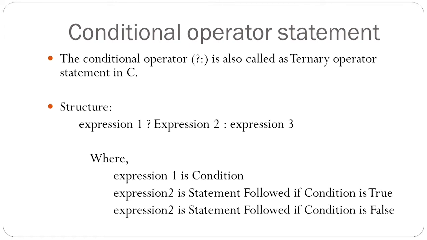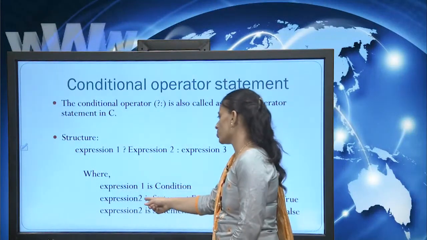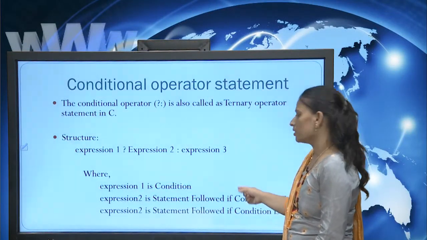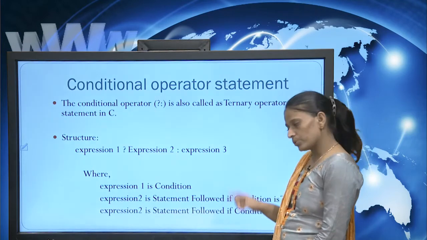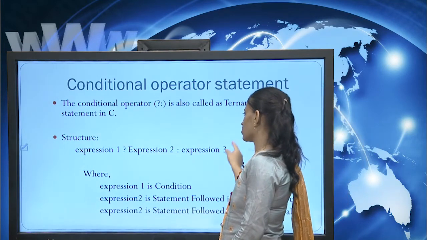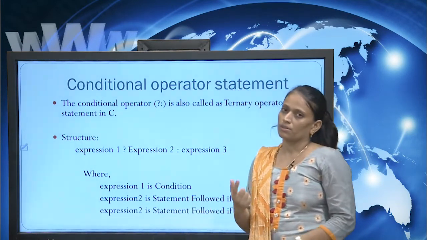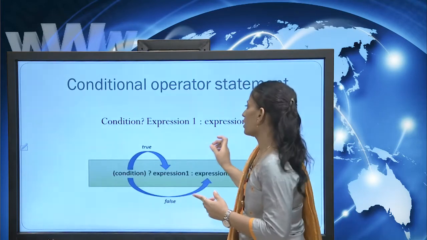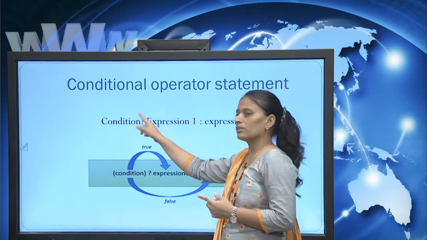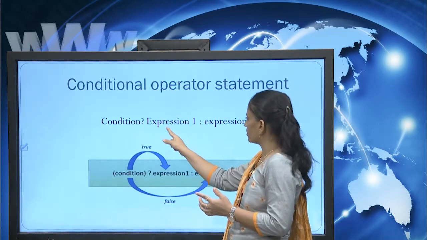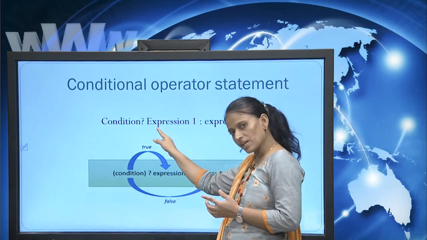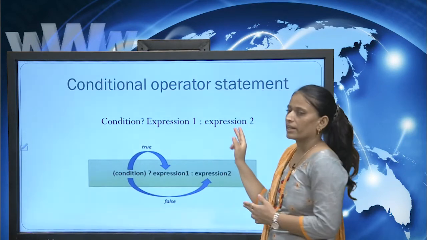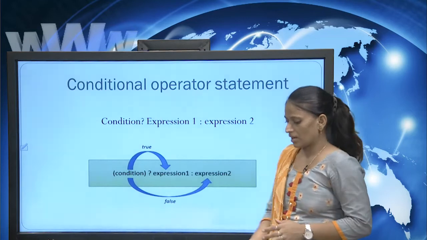If the condition is true, then expression 2 will be executed, where expression 2 is a statement followed if the condition is true. Otherwise, expression 3 will be executed if expression 1 is false. If the condition is true, the first expression will be executed, otherwise the second expression will be executed.